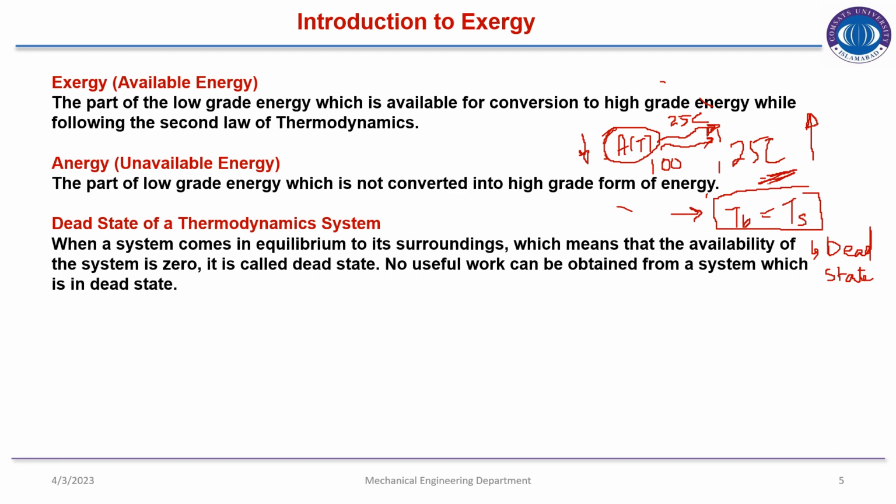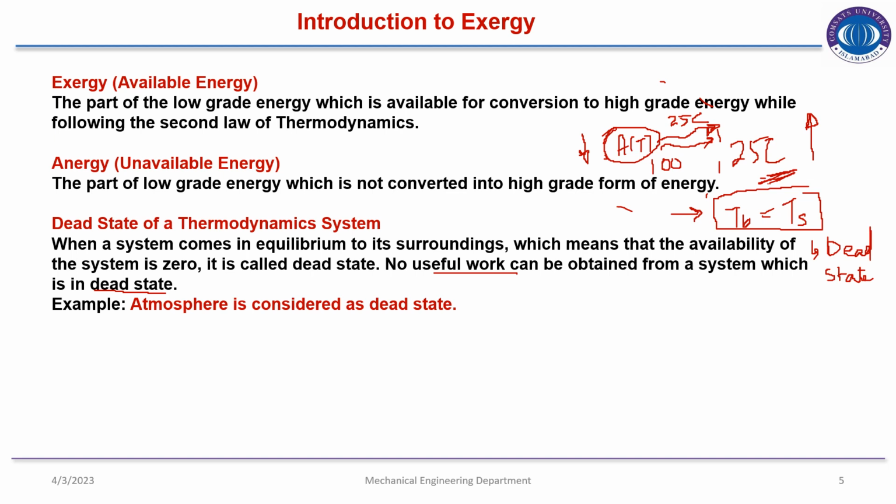So no useful work can be obtained from a system which is in dead state. In dead state, no work can be obtained. For example, the atmosphere is considered as the dead state, because here I have given you the example of the surroundings.